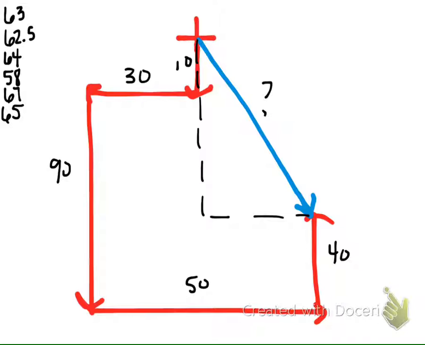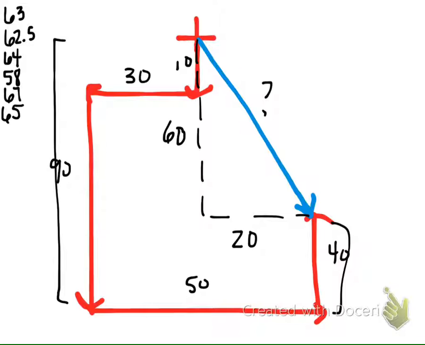So my vertical side, or my y side, would be 10 plus what? How long would that side be? 60. Right? If this whole side is 100 from here to here, and this is 40, that means this side is 60. And my x side is what? 20.